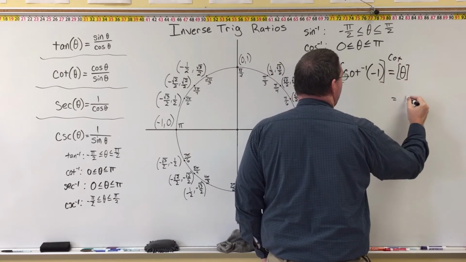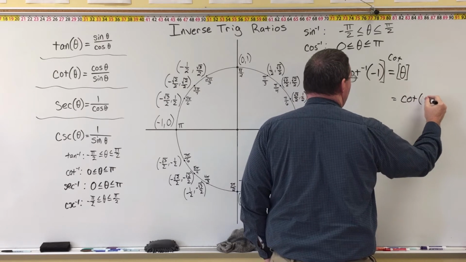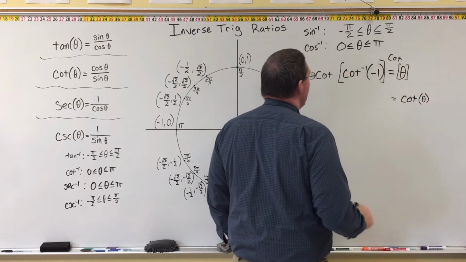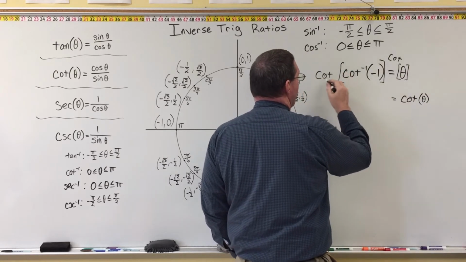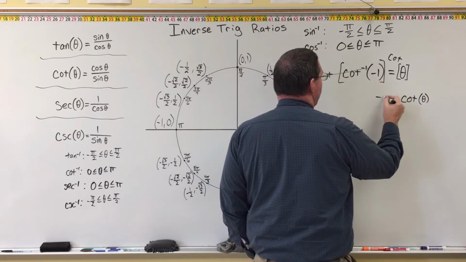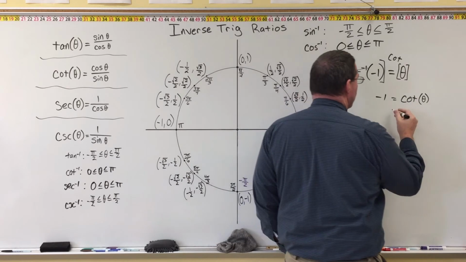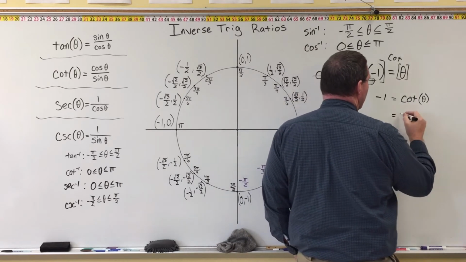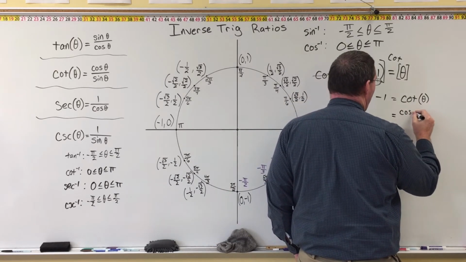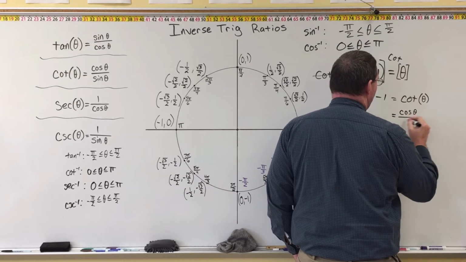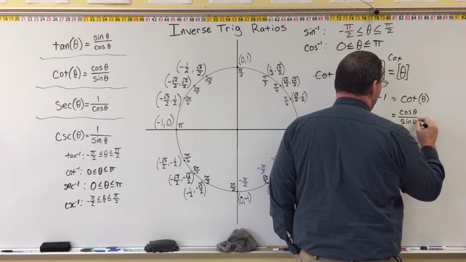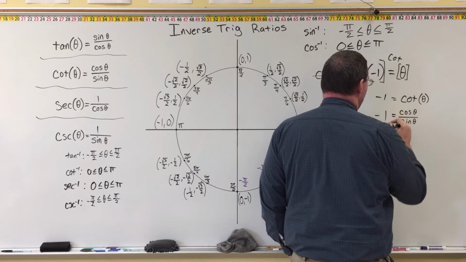Over on the right side, we're going to have cotangent of theta, okay? Good. Cotangent of cotangent inverse, that's going to cancel, and all we're going to have left is negative 1. All right? And so now we're going to convert cotangent into sine and cosine. Well, cotangent is the same thing as cosine of theta over sine of theta is equal to negative 1.